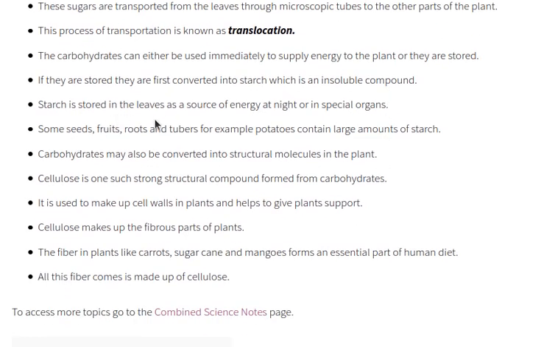The starch is stored in the leaves as a source of energy at night when the plant is respiring, or in special organs. When you're talking about sweet potatoes, or even the potatoes themselves, most of the energy is going to be stored in the roots, which are going to be developing into the food organ that you're going to be eating as animals, right?